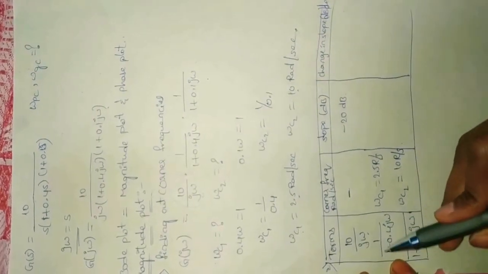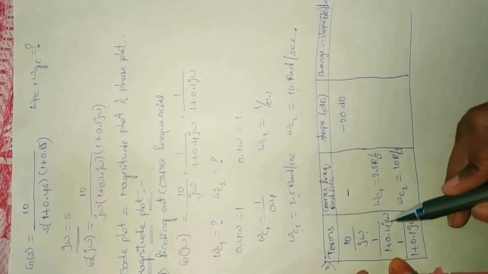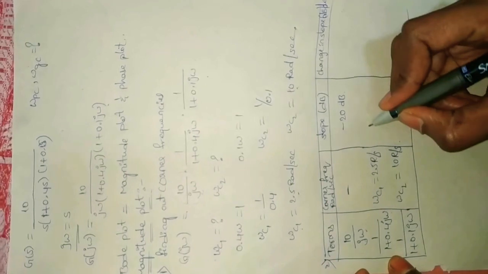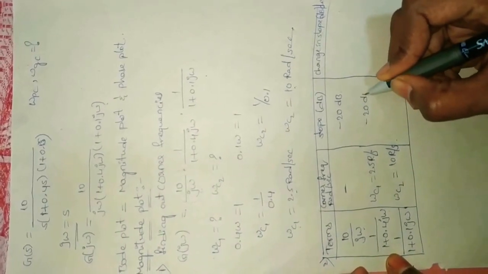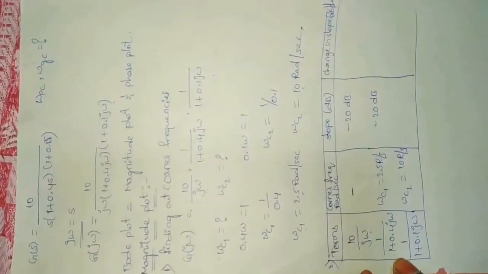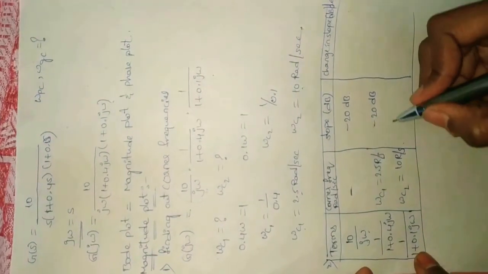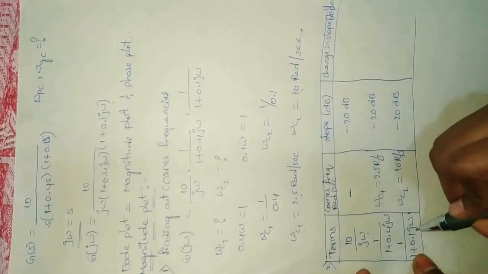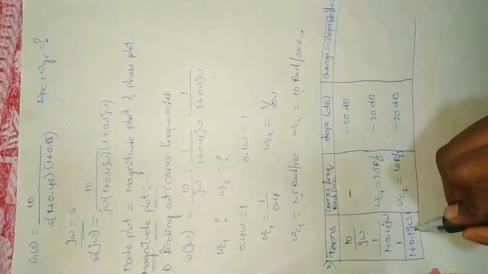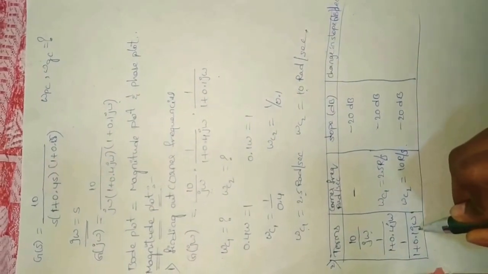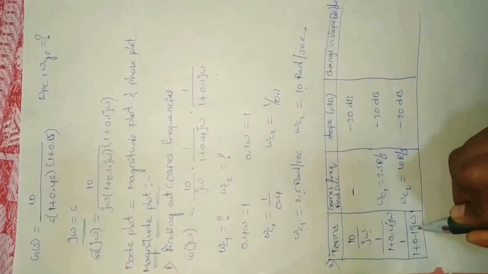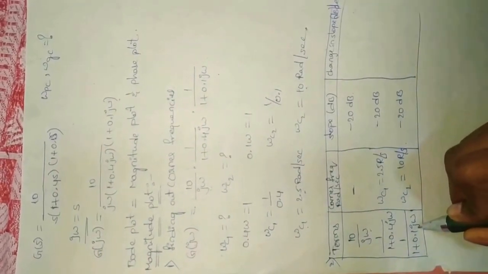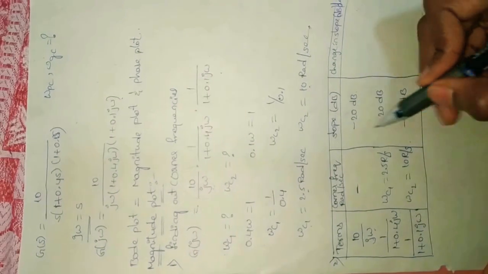And the slope of 1 divided by (1 plus 0.4 j omega) is also minus 20 dB, and here also you are going to get minus 20 dB, because these two are in the same format, right? If you want clarity, then refer to the basic factors of Bode plot, then you will find all these slopes.